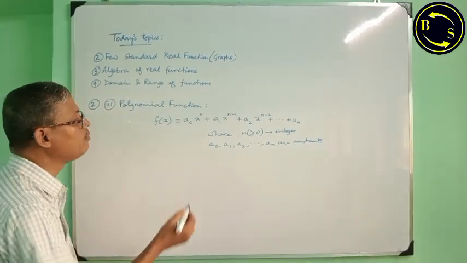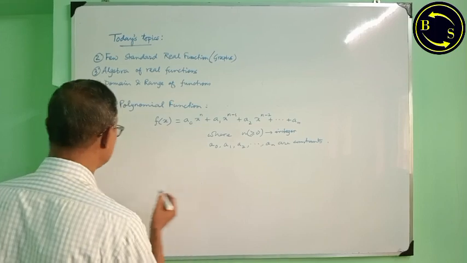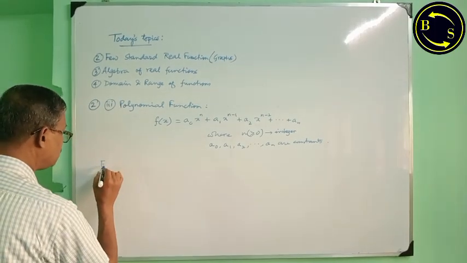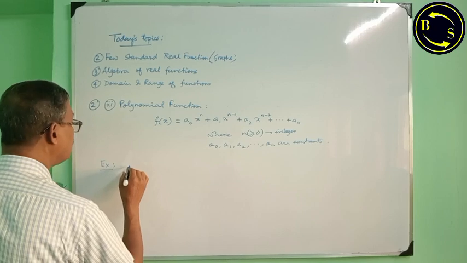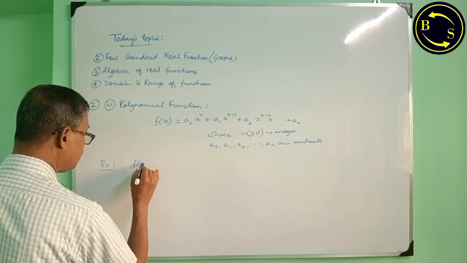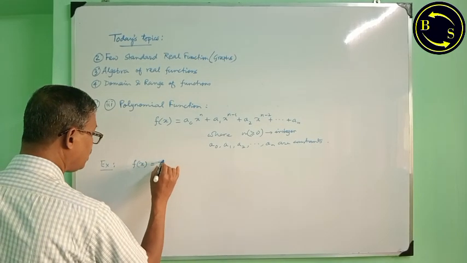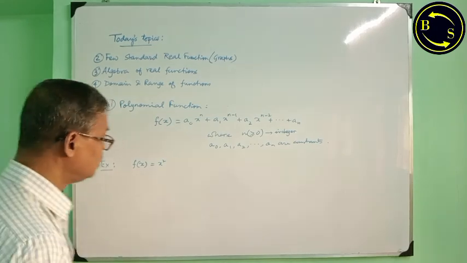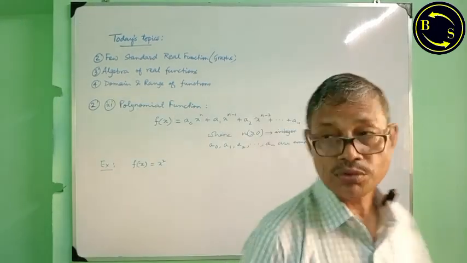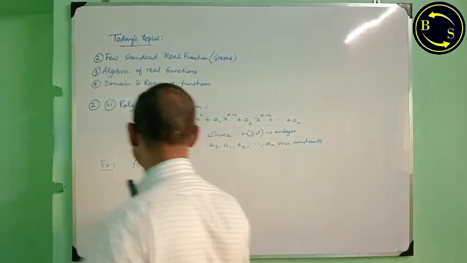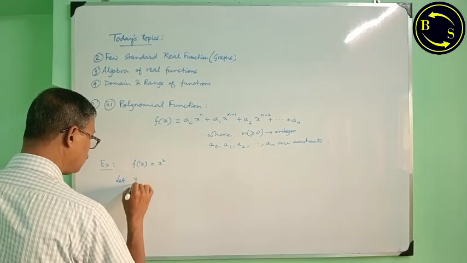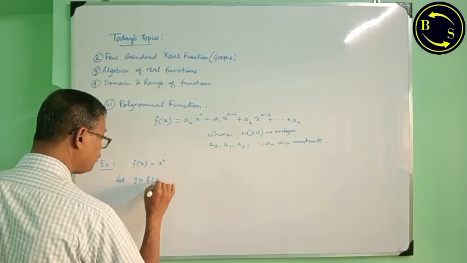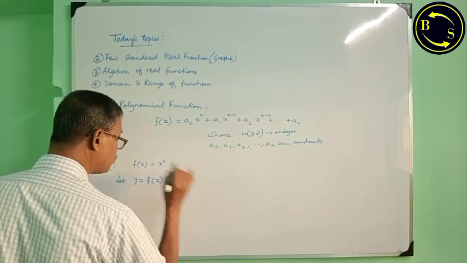This is the general form of the polynomial function. We can take an example, f(x) is equal to x square. Let y equal to f(x) is equal to x square.